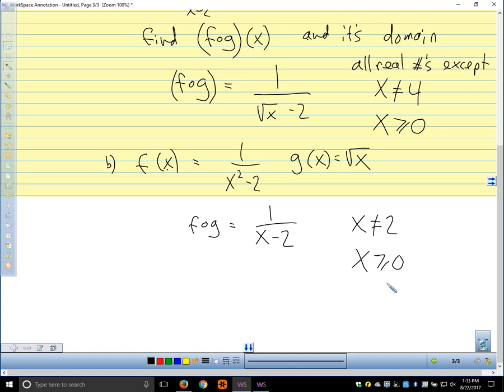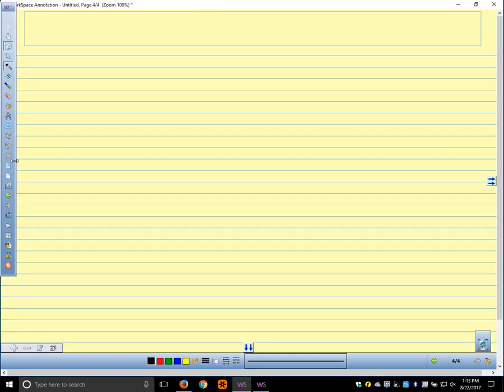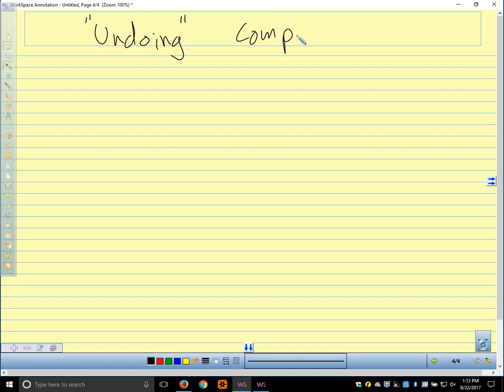All right, the last thing, and probably what's going to be more useful as you move forward: compositions are useful, but the technique that we'll talk about next is useful. Undoing compositions.